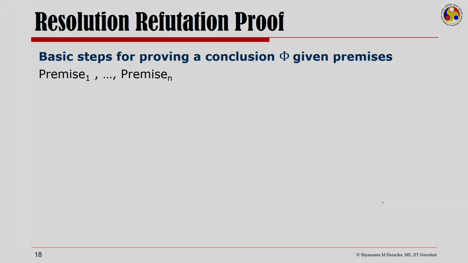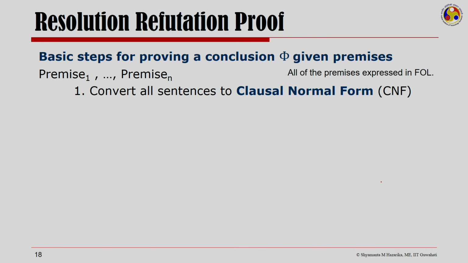So, here is the resolution refutation algorithm, the basic steps for proving a conclusion phi given the premises. Let us assume we have a set of premises and all of these are expressed in first order logic. As I was emphasizing, the first step here would be to convert all sentences to clausal normal form.